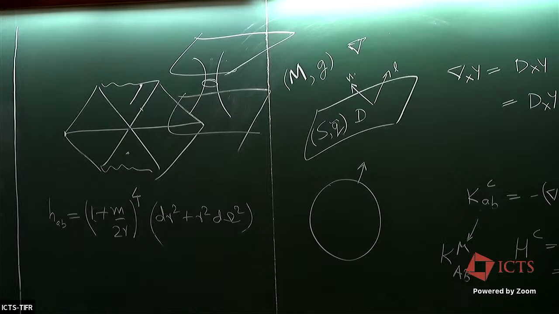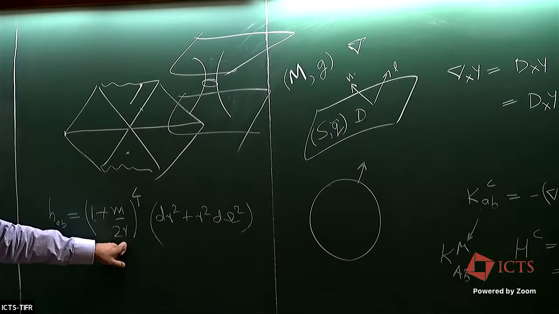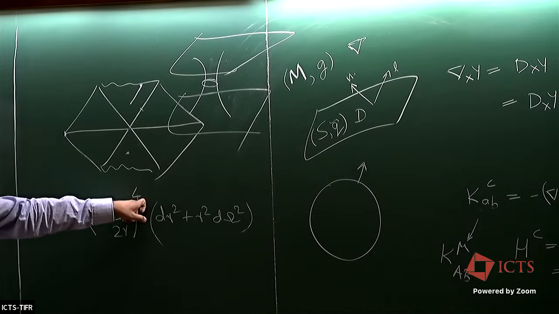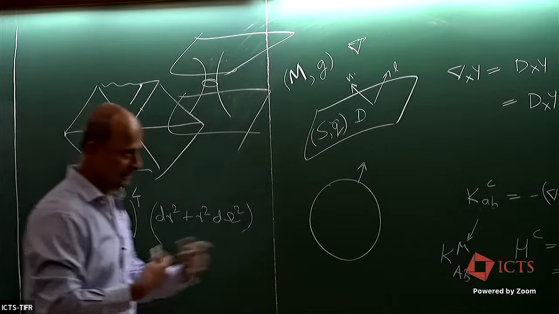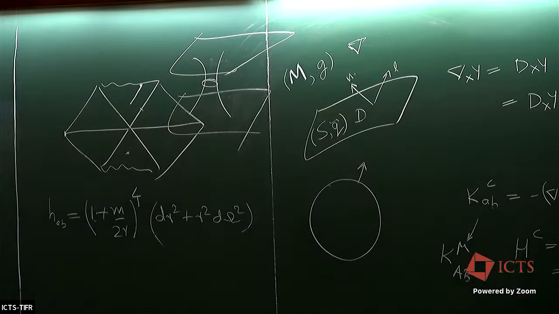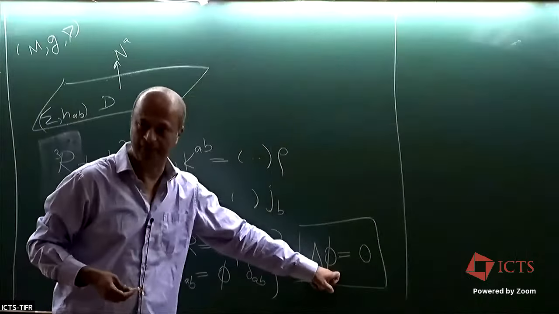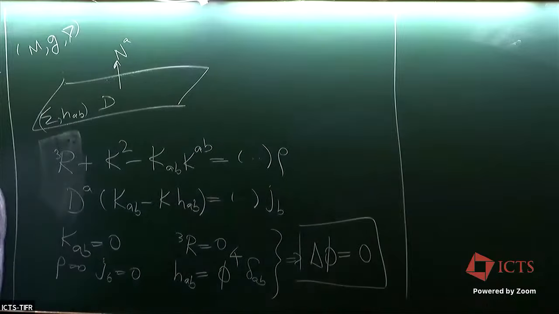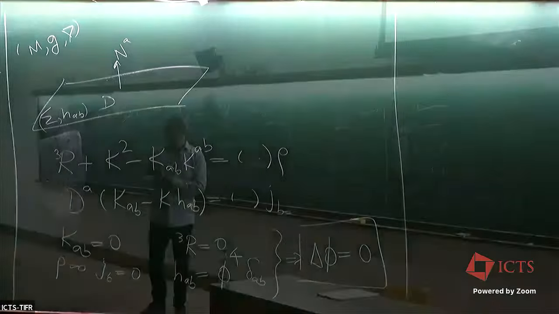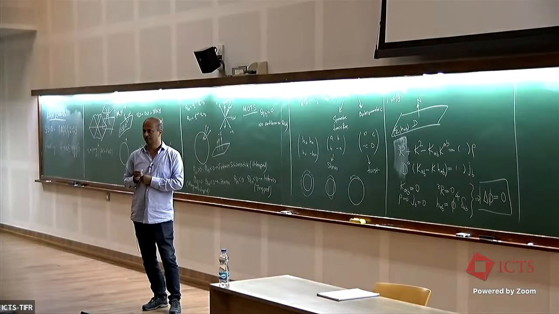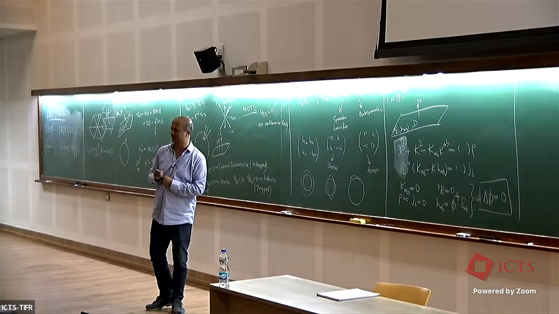And here you see that the conformal factor is exactly 1 upon r, so it satisfies the Laplace equation, and it is to the 4th power. That is the reason why it turns out to be convenient to take phi to the 4th, so that phi will satisfy the Laplace equation. So any questions about that?